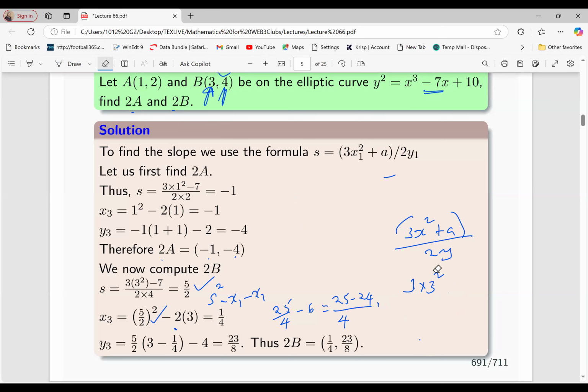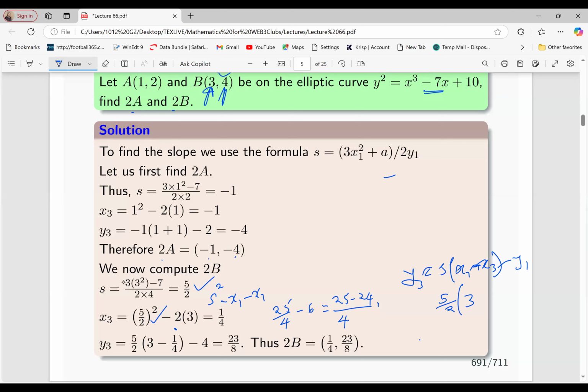You now use that x3 to get y3. y3 is given by gradient times x1 minus x3, minus y1. Our gradient, we had obtained 5 out of 2. x1 is our 3. x3, we've just obtained, is a quarter.